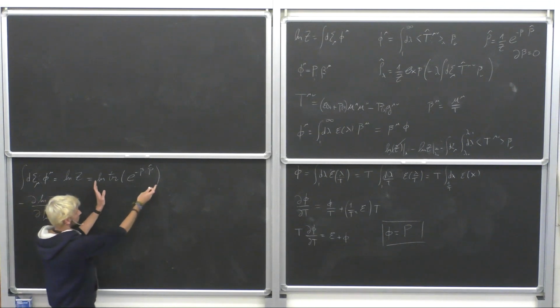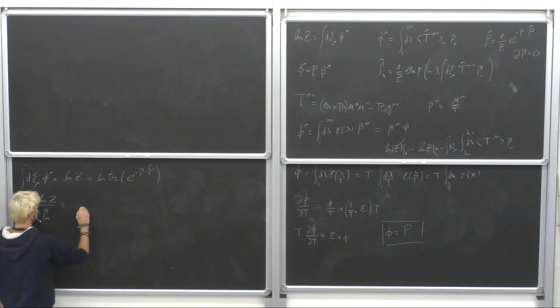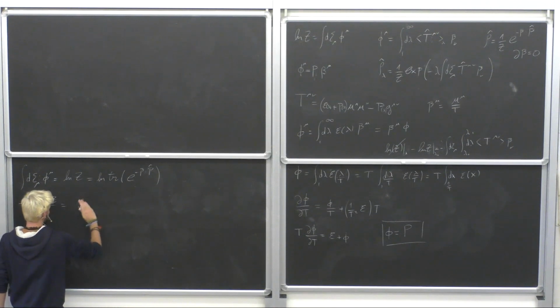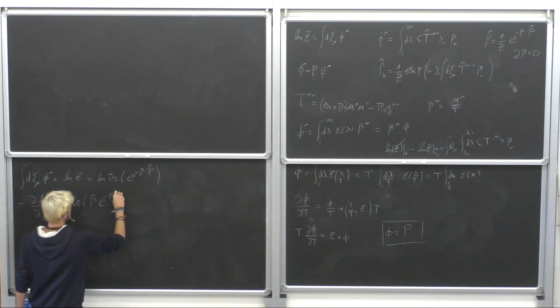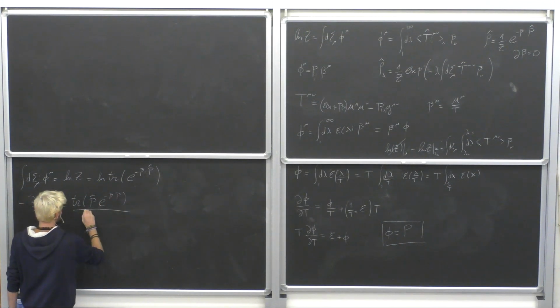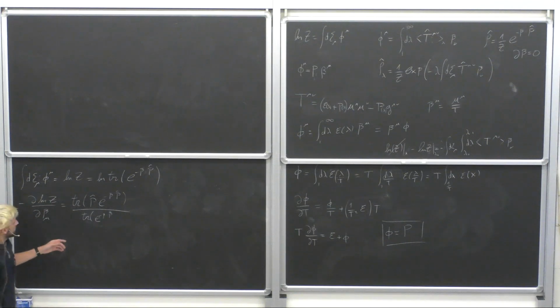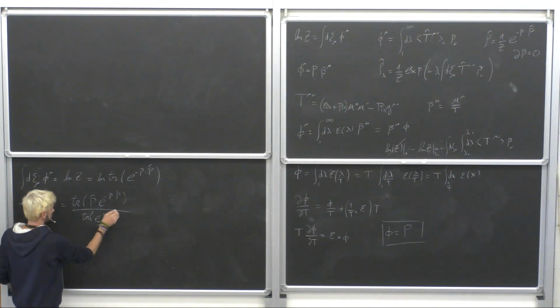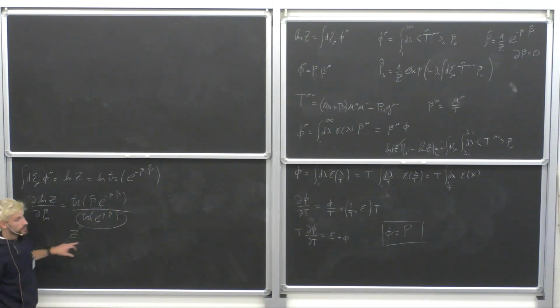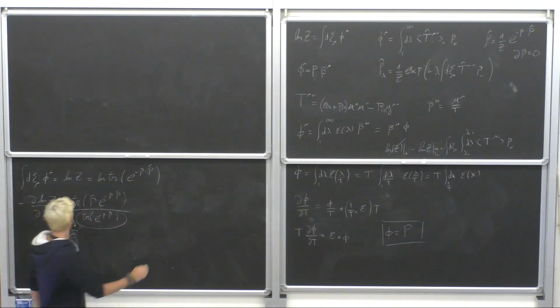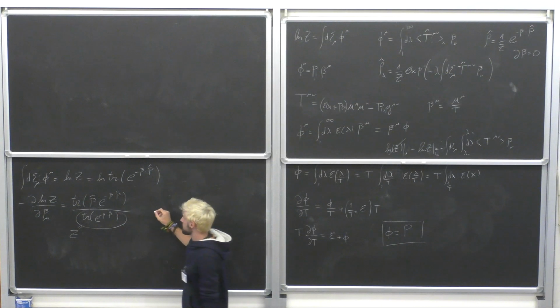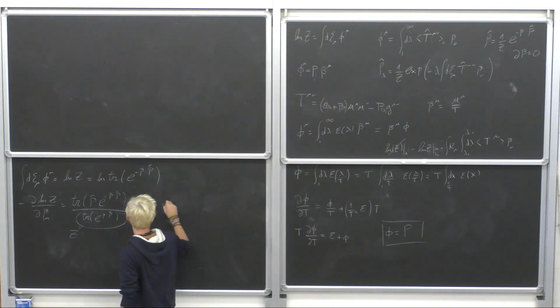And if we take a look at this part, we realize that this is just p, sorry, the trace, and this here is just the partition function itself. So here we have reconstructed the density operator, and it means that the derivative of the logarithm of z with respect to beta is the expectation value of p mu.